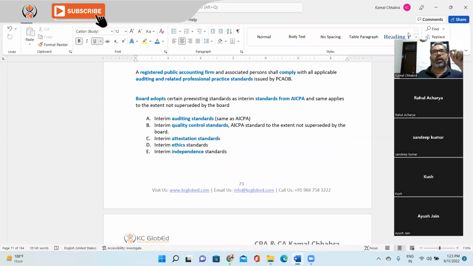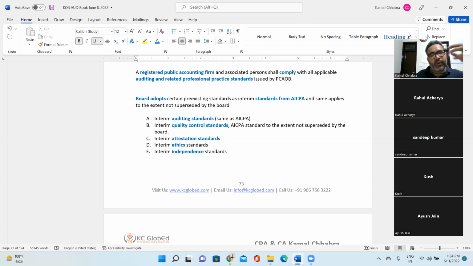So Sandeep, answer to your question from the morning: unless and until there is a specific rule, regulation or standard made by the PCAOB, the general standards issued by the AICPA will prevail. But wherever the PCAOB has made a specific rule, regulation or standard, those will prevail over the general rules of the AICPA, right?